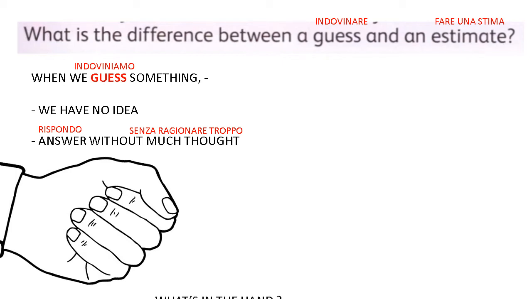The question is, what's in the hand? Coins, a rubber, a sweet. There are many, many small things. There are many possibilities. So, I have no idea what is in the hand. But I can guess.